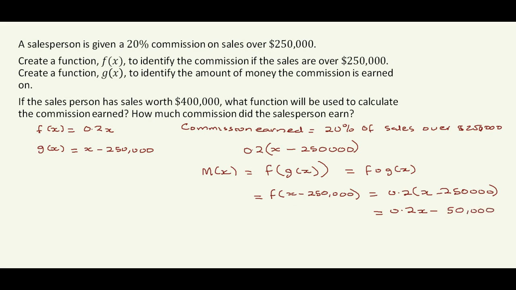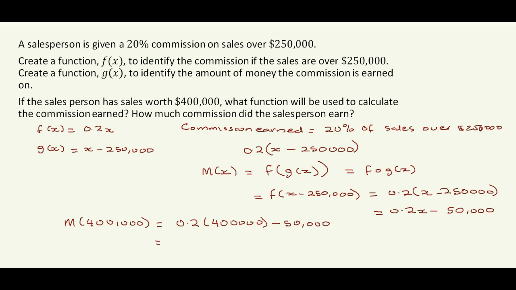So now the person has sales worth 400,000. So how much commission did the person earn? So M of 400,000 is going to be equal to 0.2 times 400,000 minus 50,000.